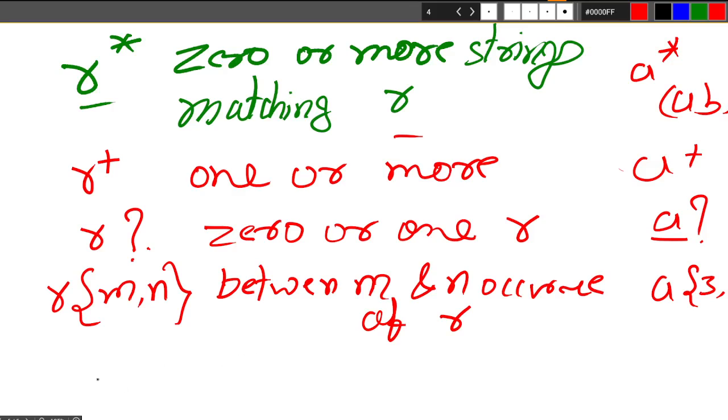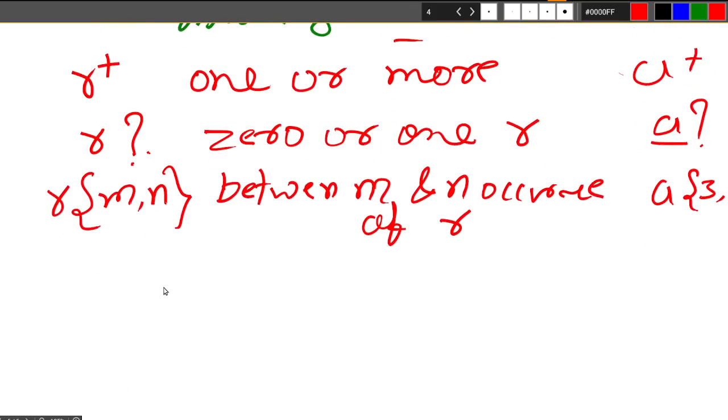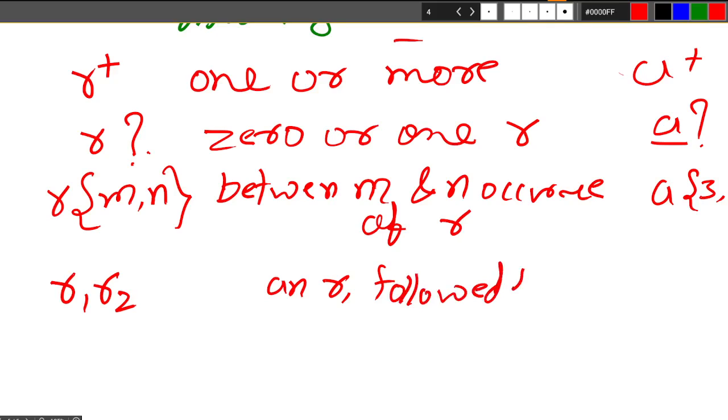If you want some regular expressions concatenated together like R1, R2, you can write it like this. So which means you will have R1, which is followed by R2. Suppose in R1 you have A and in R2 you have B, then you can have AB.